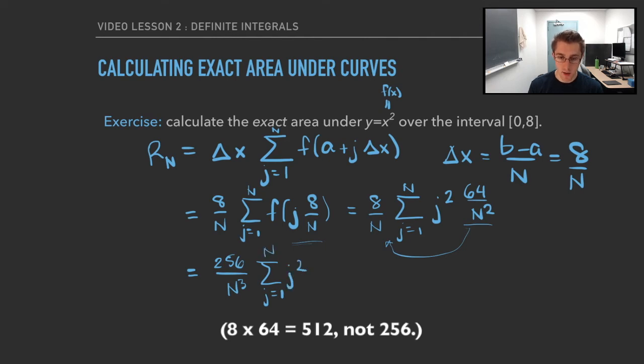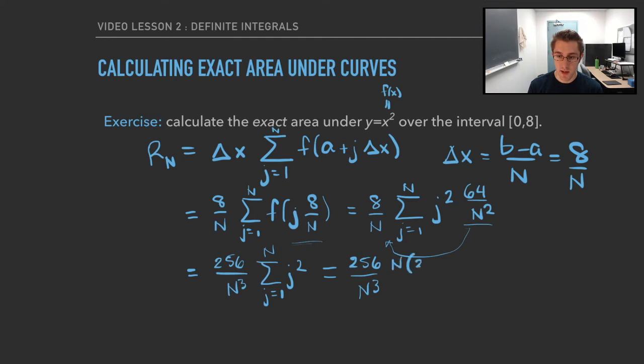Then we look back and remember the formula for the sum of squares, and we still have this 256 over n cubed. The formula was, let's see, it's n times n plus 1 times 2n plus 1 over 6. This is why you should just have it written down somewhere.